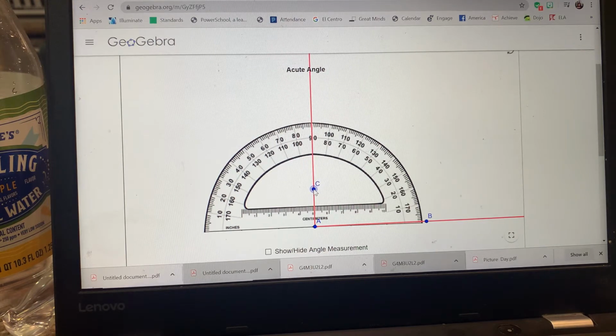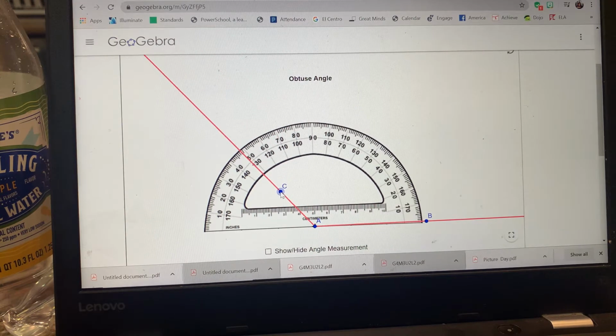So in today's problem set, you'll be able to tell me, is this angle acute, right, or obtuse? Whenever you see obtuse, you're thinking greater than, because it's bigger, right? Whenever you think acute, you are thinking less than.